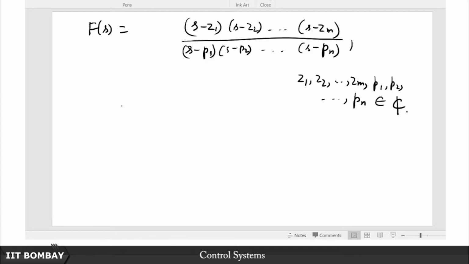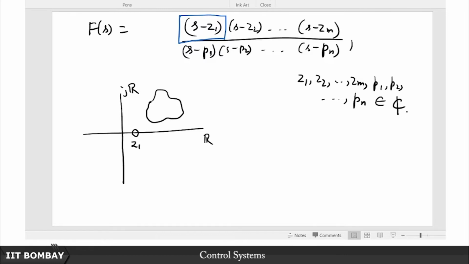So now having done that, how does this contour mapping actually help us? Consider, first we will take this block again like we did for the Bode plot, we will take this piece by piece. So let me take just this first piece here, and let us just look at this, this is R, this is jR, okay, and let us say this is where your Z1 is, and this is where my contour is.